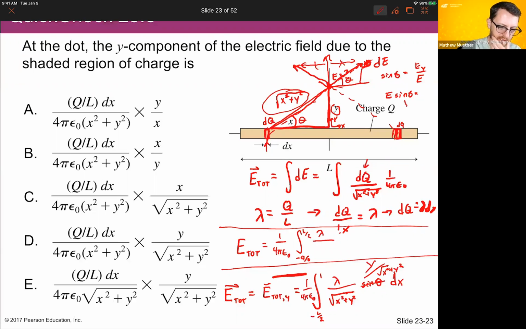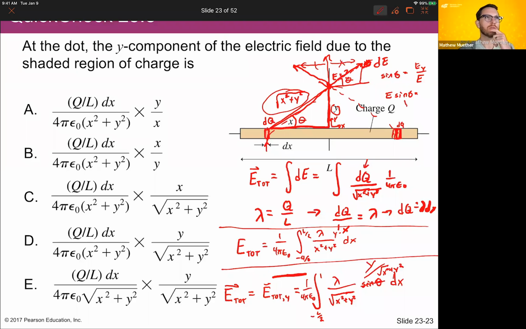Now I have two factors of that, so it's going to look like x squared plus y squared, y in the numerator, dx, something like this. Oh, sorry, I'm looking at this. I see one mistake I made. Does anybody see my mistake?